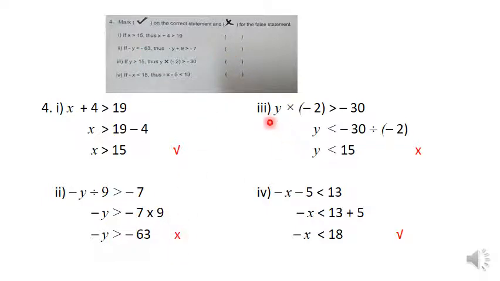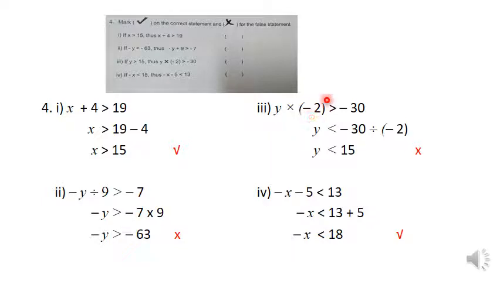Next, number 3. If y is greater than 15, thus y multiply negative 2 is more than negative 30. Okay, you take this one first. Y multiply negative 2 is greater than negative 30. You write first. And then you try to move any numbers. Y you bring down. And then multiply negative 2.